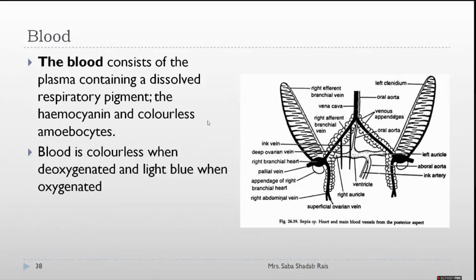But when the blood gets oxygenated, it turns blue. So whenever the sepia blood is oxygenated, that means in the aorta, which color of blood will you find? You will find the blue color of the blood.